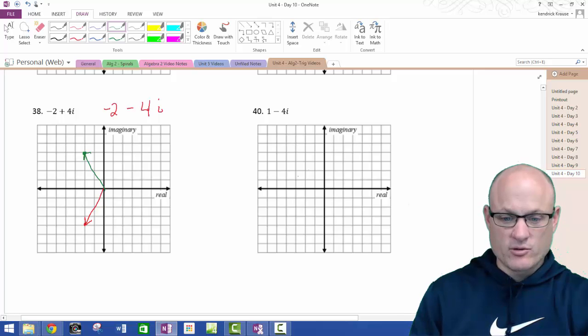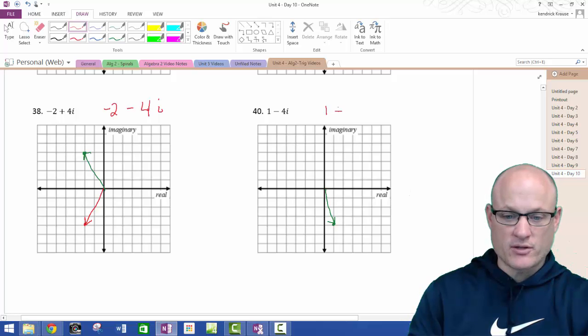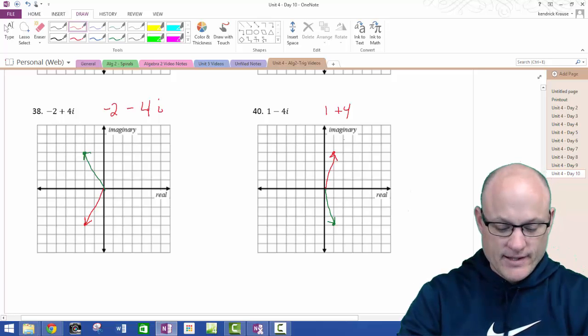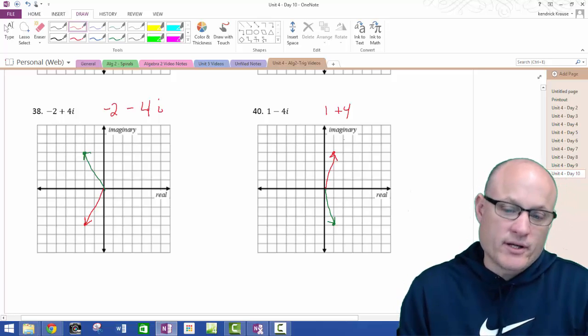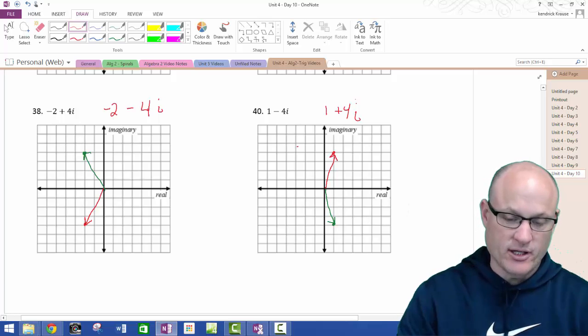Over here, I'll do the original, which is 1 minus 4i. That's the original vector, and then the conjugate for this one would be 1 plus 4i, which is up here. And that's really all I expect you to know at this point. Oops, that should be 4i. At this point about imaginary numbers and some operations with imaginary numbers.